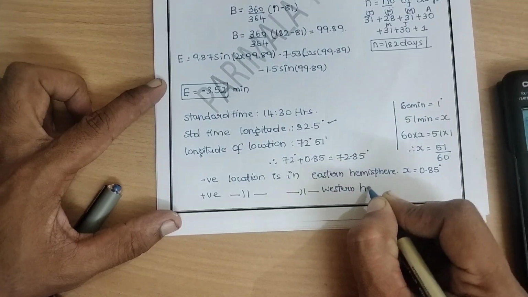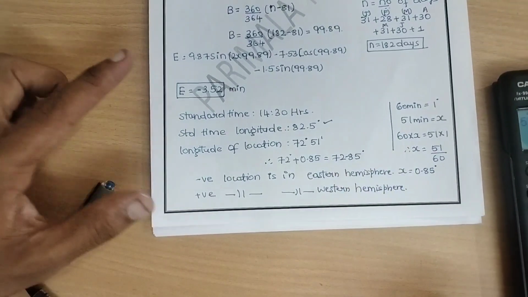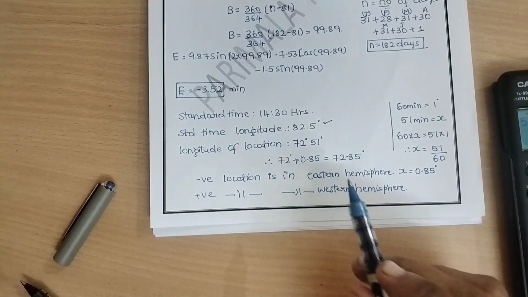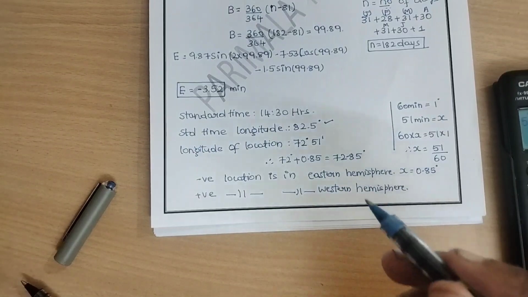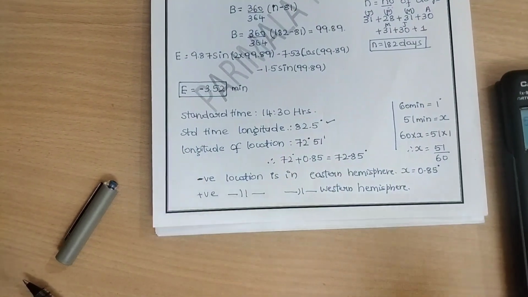So this is very important. We cannot consider plus or minus both here. We are supposed to consider either one. Now, which is the location? Location is Mumbai. Mumbai is in India. India is a part of the Eastern Hemisphere. Henceforth, we are taking it as negative.